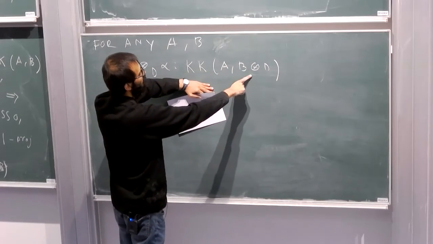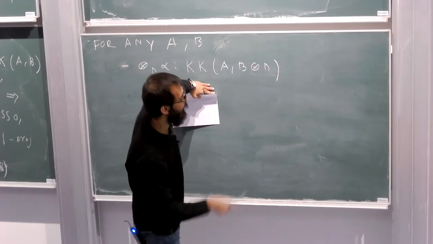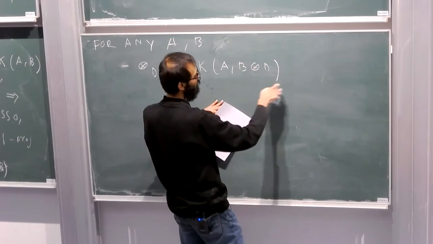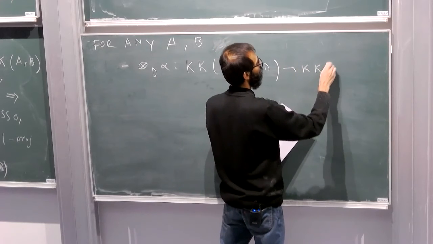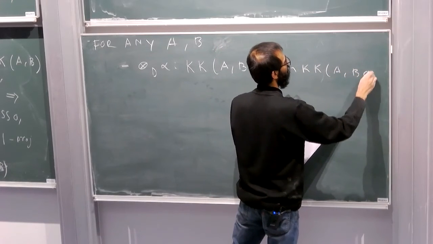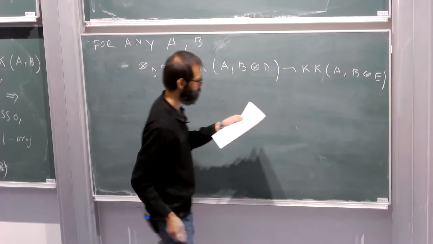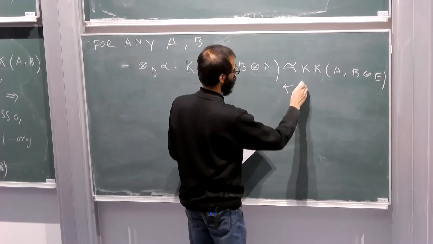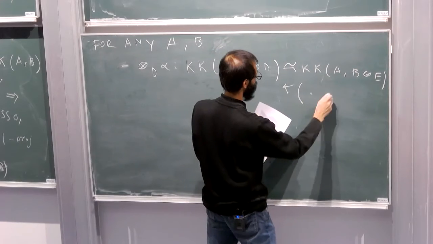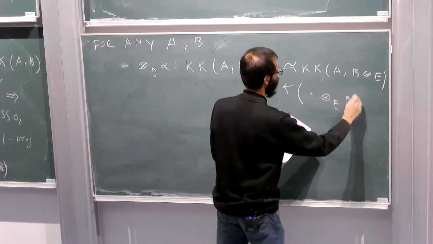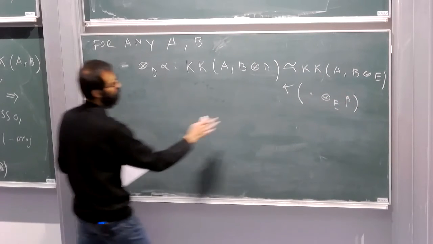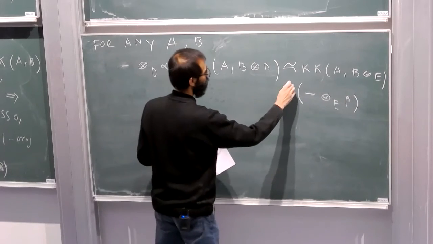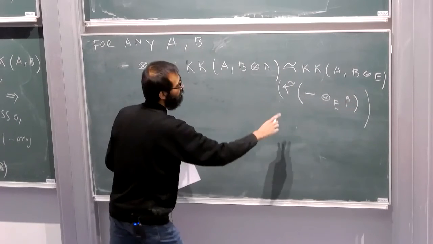You have KK(A, B tensor D), and you have alpha from D to E. So this would be KK(A, B) to KK(A, B tensor E). And the inverse is natural enough. So yes, it's an isomorphism. It's the inverse.